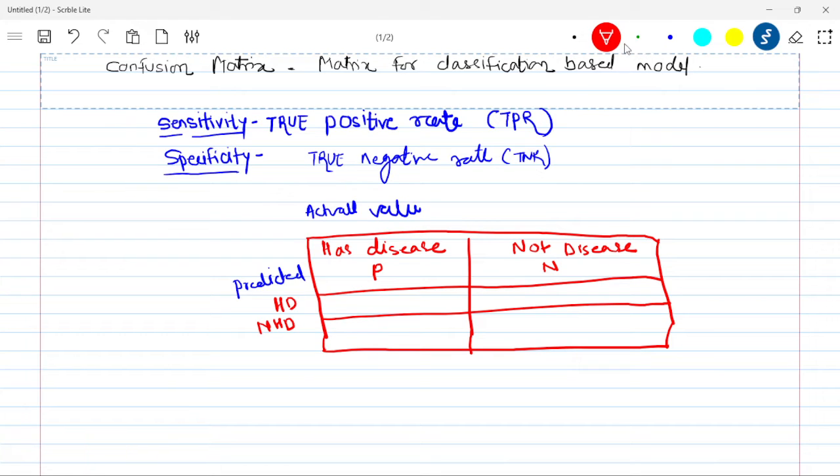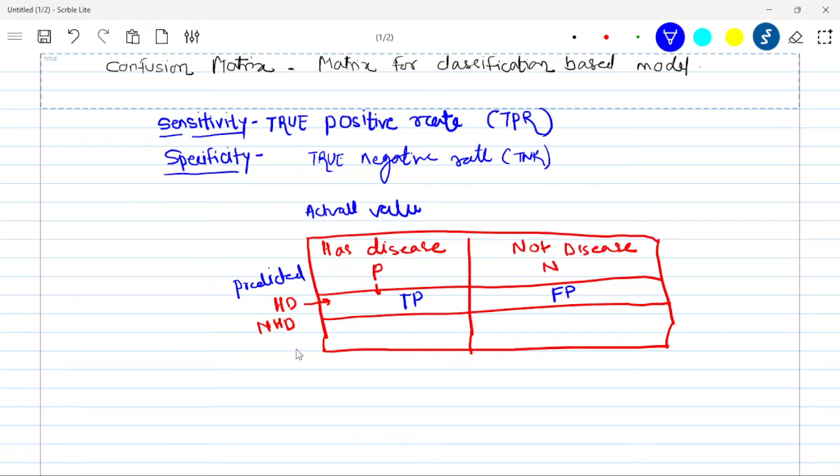Now if a person has disease and the predicted one is also correct, then this is called a true positive. If a person doesn't have disease but we predicted positive, then it is called a false positive.